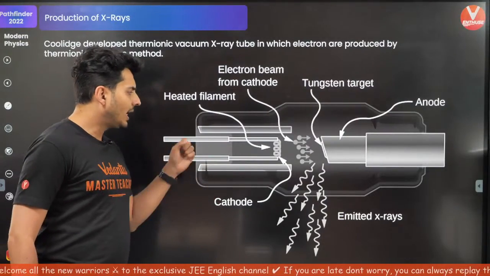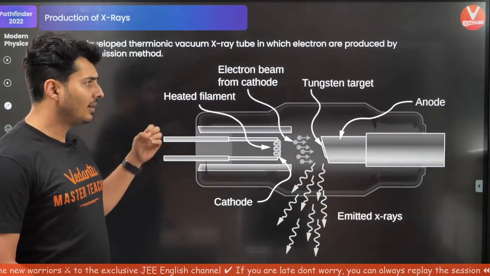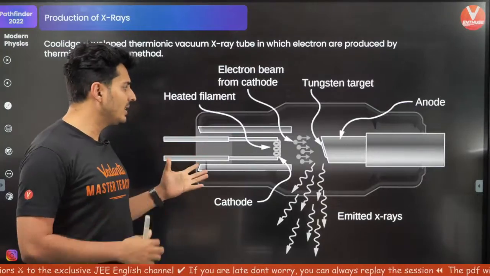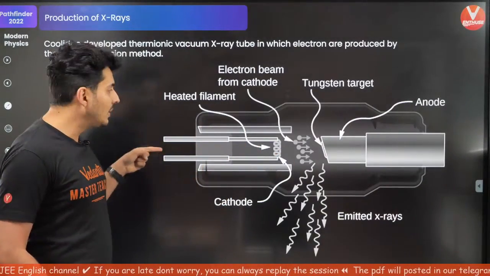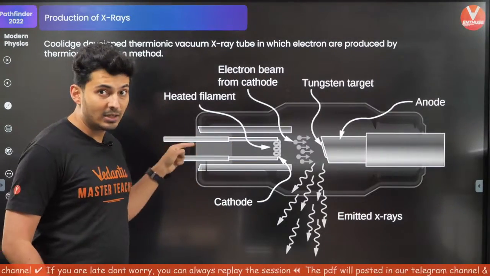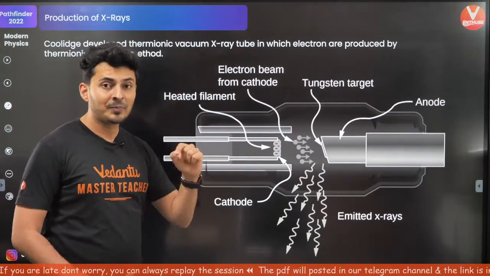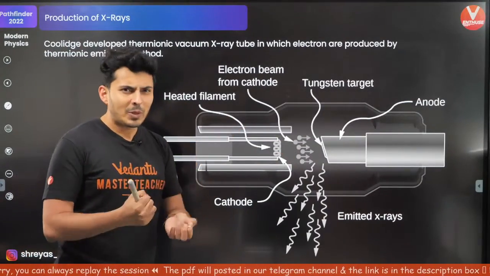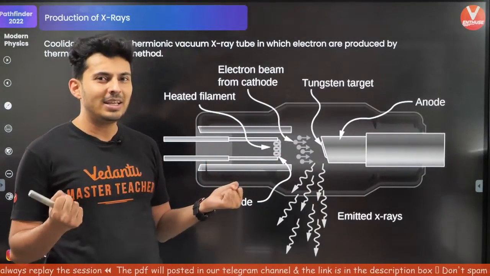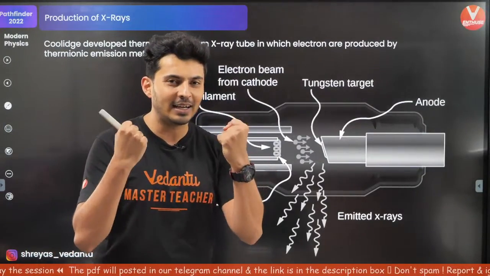Here you have an anode and then you have a cathode, and what happens is there is a filament. That filament is basically going to pass, there is some current which is going to pass through that filament. Current means flow of electrons. Filament means something which can probably act like the source of electrons.